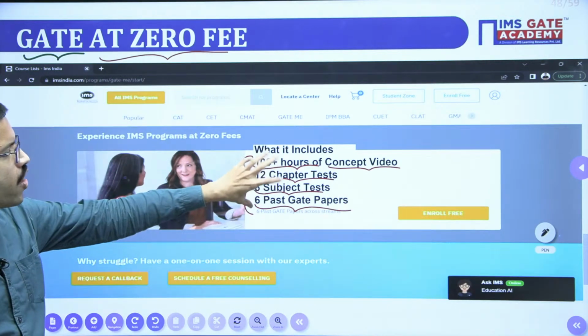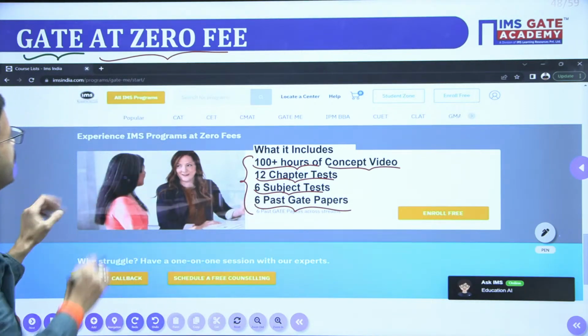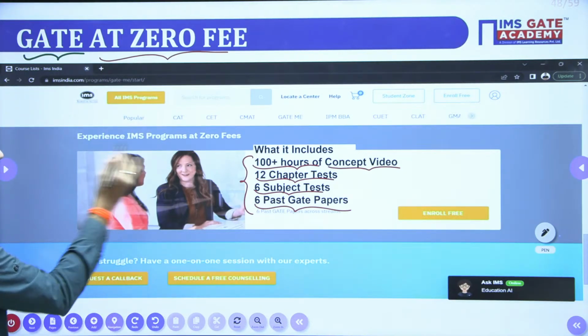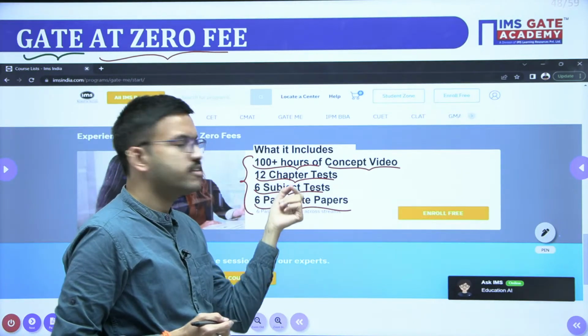All this content you will get free of cost. You don't need to pay even a single rupee, you just have to come to our website and log in. So you have access to all this content free of cost.